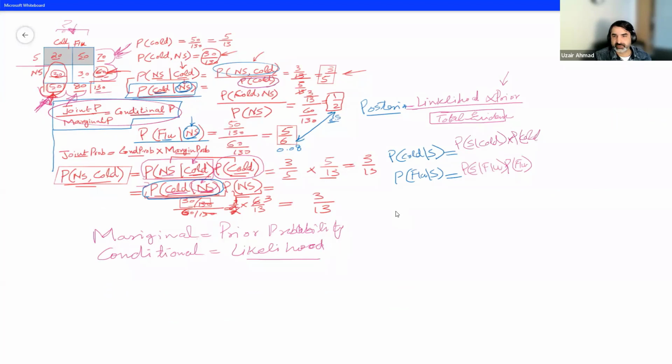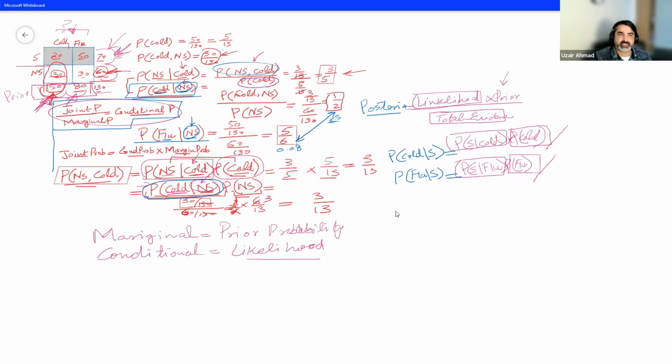Can you read this much small text? Likelihood. These two conditional probabilities are likelihood. This is prior. How many people are having cold? How many people are having flu? So the priors we have on this margin, divided by total evidence is on this margin. So the probability that the person is sneezing is divided into two numbers.